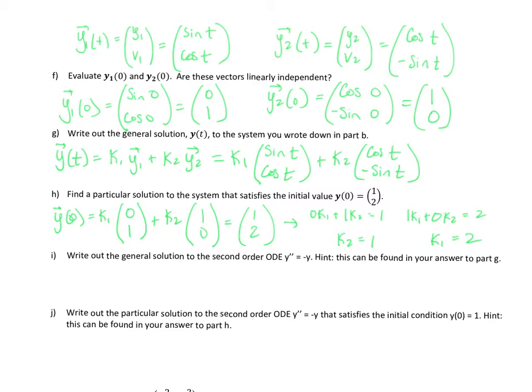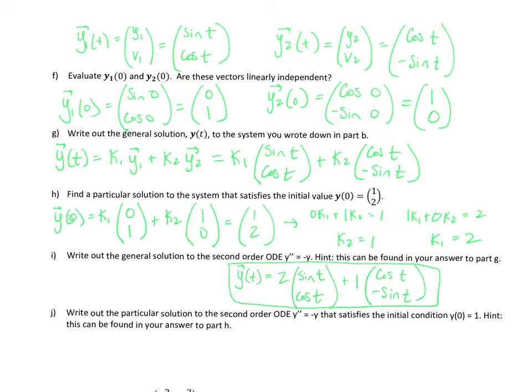So it's going to be k1, which is 2, times (sine t, cosine t), plus k2, which is 1, times (cosine t, negative sine t). So that's my particular solution. That's the answer to part H.